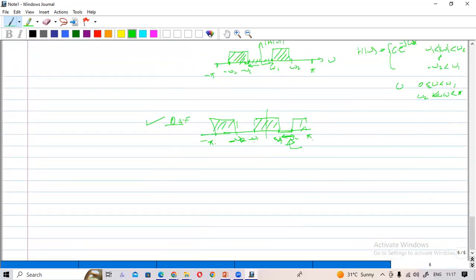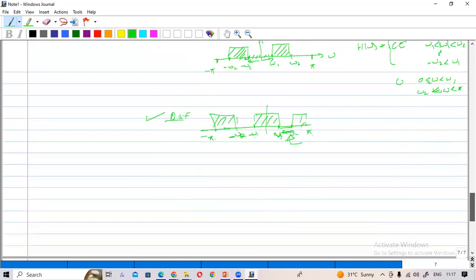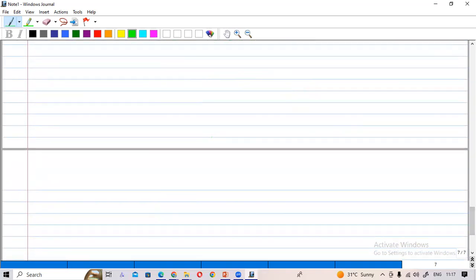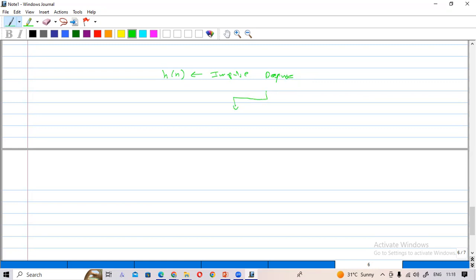Then, I told you that based on the impulse response, h[n], we can classify a filter into 2 types basically, that is FIR and IIR.